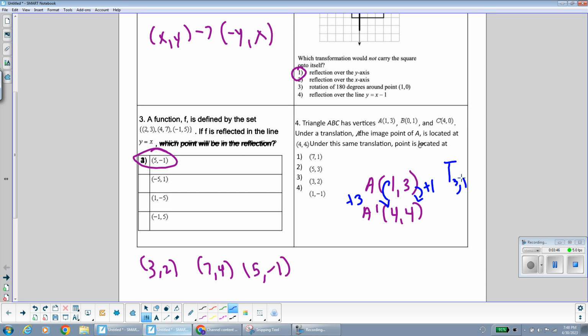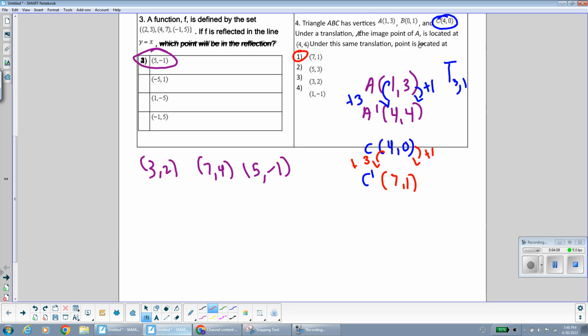So now that we know what the transformation is, we can figure out what point C is going to become. Point C is (4, 0). So we're going to be adding 3 to the x coordinate and adding 1 to the y coordinate. So that's going to become the point (7, 1) under the same translation. And that's answer choice number 1.